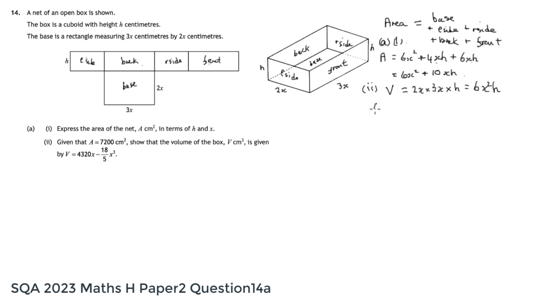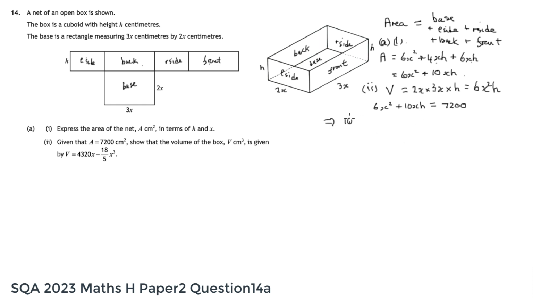So 6x squared plus 10xh, the area of that net is given by 7,200. Now let's solve that for h and try and get h on its own.